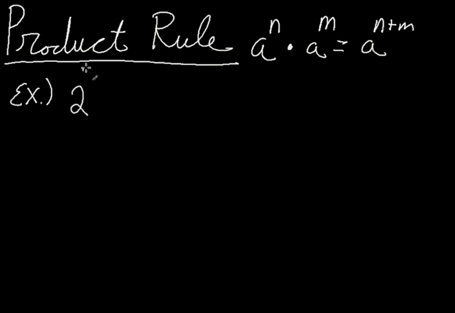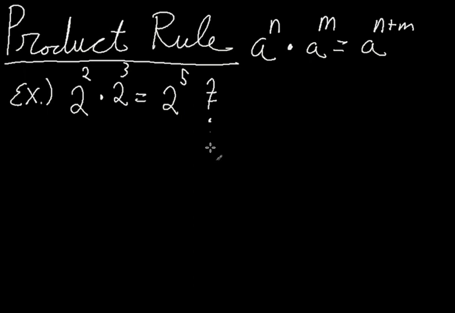If I have 2 squared times 2 cubed, is that the same thing as 2 to the 5th? Well, to verify this, I'm either going to need to already know what 2 to the 5th is, or I'm going to need to break these down and see if this is true. So let's do that real quickly and just see that we agree with this.